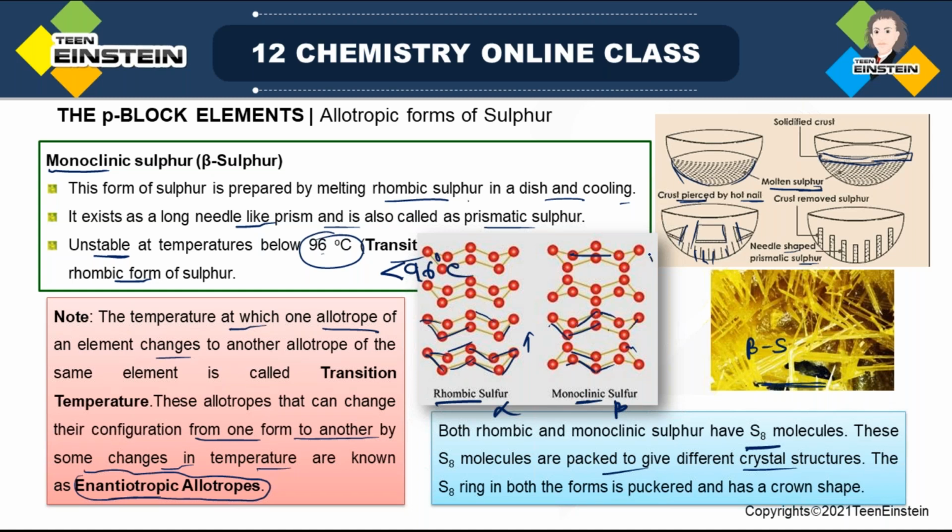So obviously the arrangement is different, but if you focus on the individual unit, it is actually crown shaped and S8 for both. Why is it S8? See, a total of 8 sulfur atoms are there. So depending on the arrangement, we will have either beta sulfur or alpha sulfur. So is there any doubt in these two crystalline forms of sulfur?